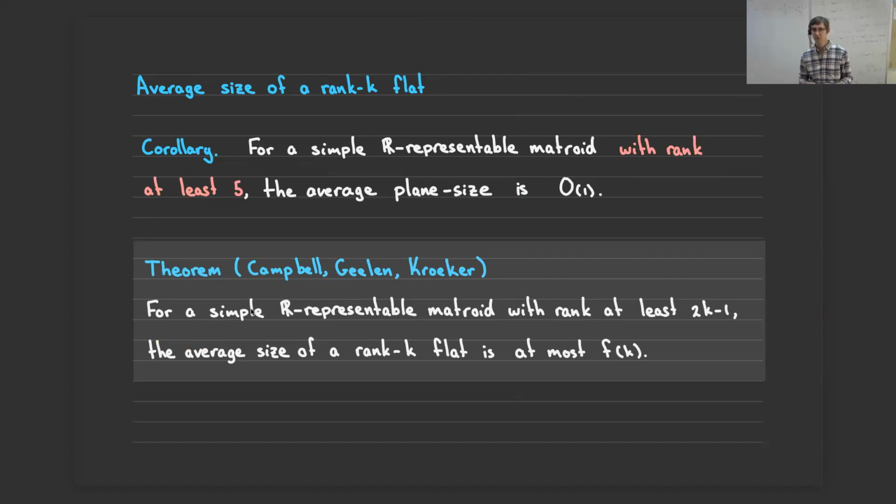If you take a simple real representable matroid with rank at least 2k minus 1, then the average size of a rank k flat is going to be bounded above by some constant depending only on k. So if I specialize this to the case that k is 3, so I'm talking about planes, I get a bound of 5, which is exactly the corollary above. Right, so this is just a general result that holds for rank k flats.